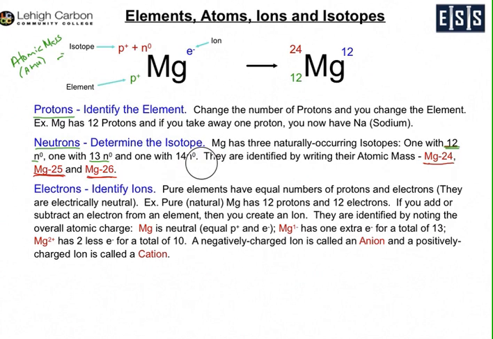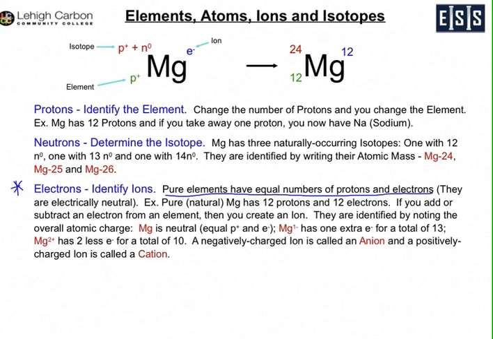Now finally, we've dealt with protons, changing neutrons, and what that does. Now the final thing is changing electrons. Now in nature, elements are going to have an equal number of protons and electrons. They are going to be electrically neutral. And to think about that, again we go back to this sign.